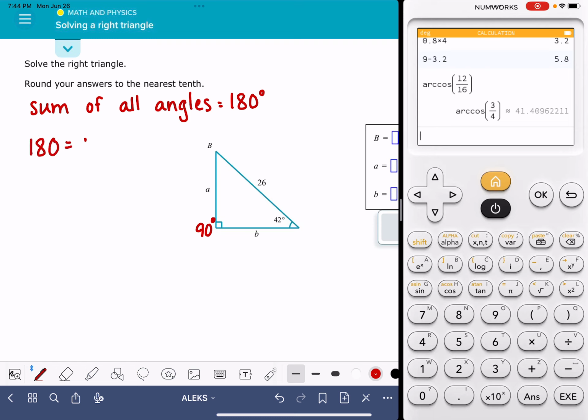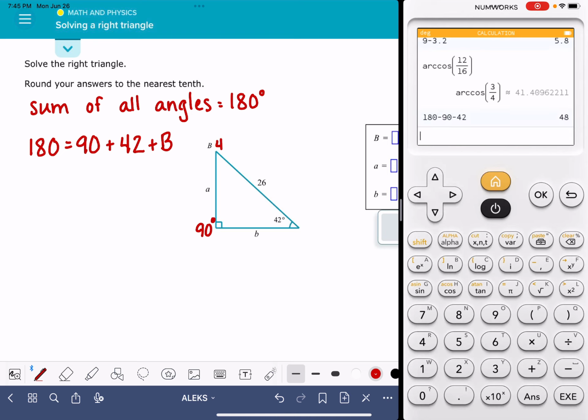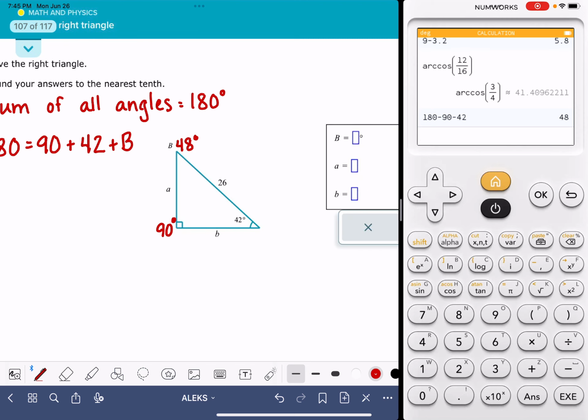We know we have a 90-degree angle. We also have a 42-degree angle, and then we have that unknown angle B. I'm just going to use a calculator for this. 180 minus 90 minus 42, that angle is 48 degrees. So that is angle B.